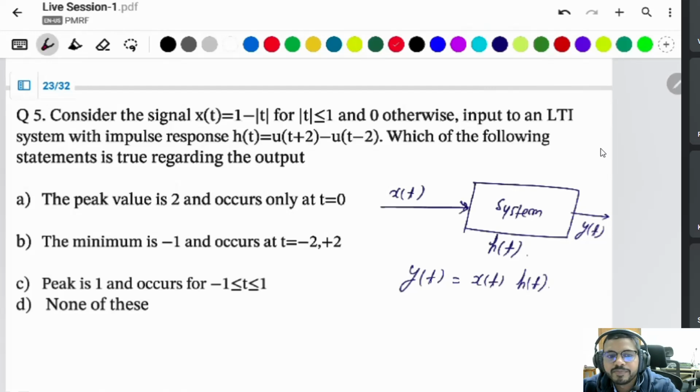But there is a problem. This is not a multiplication in the time domain. In the frequency domain you can multiply directly, but in the time domain you can't multiply directly. You have two signals, so that's why there is a convolution. You have to find the convolution of x(t) and s(t).